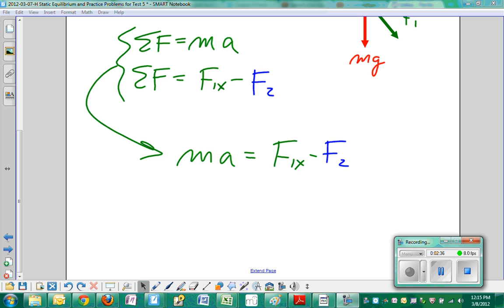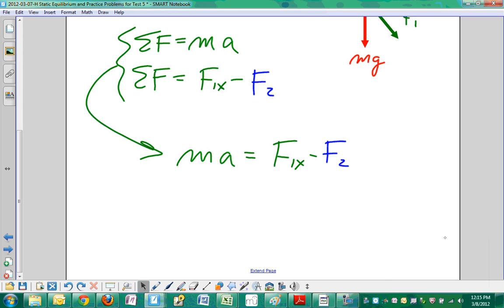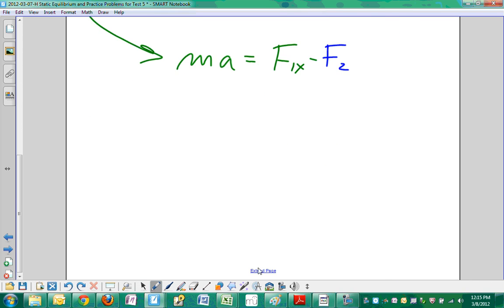Moving further along, we have mass times acceleration equal to all this stuff. So our acceleration is going to be equal to F1x, which is just the magnitude of F1 times the cosine theta, minus F2, over the mass of the object.